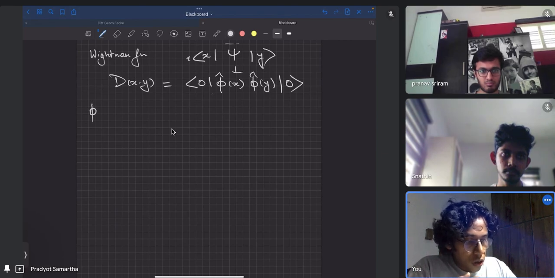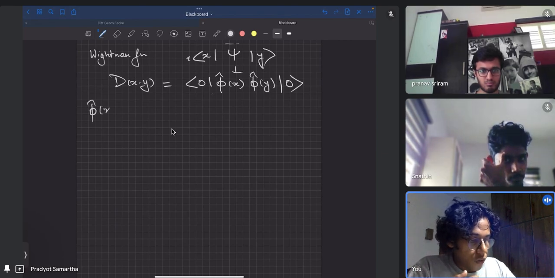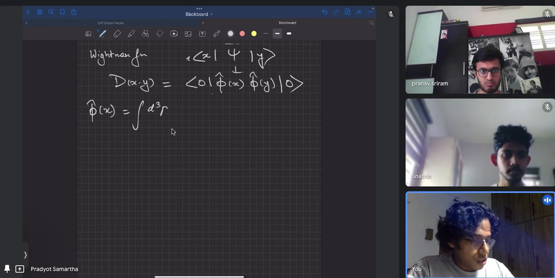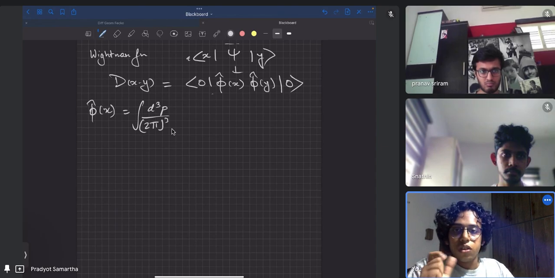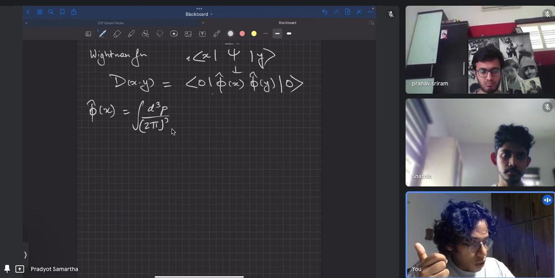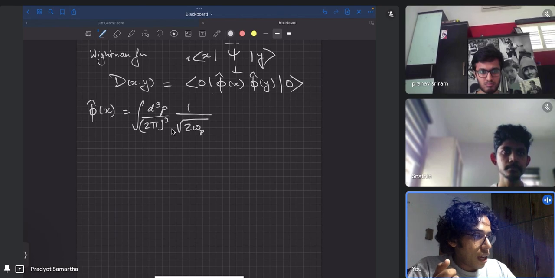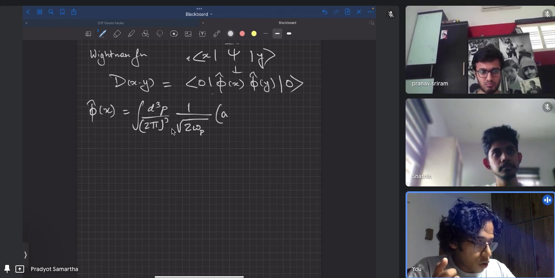So let's just define the operator phi of x, which is nothing but the integral of this, the Fourier transform, right? So in a simple sense, from the position space you are Fourier transforming to the momentum space, and then you have 1 by root 2 omega p. So you have a frequency of omega p, and you have an annihilation operator.